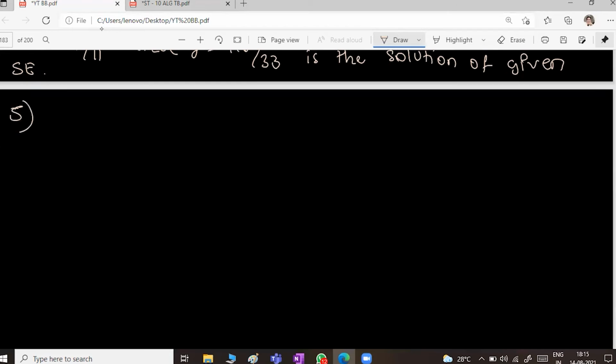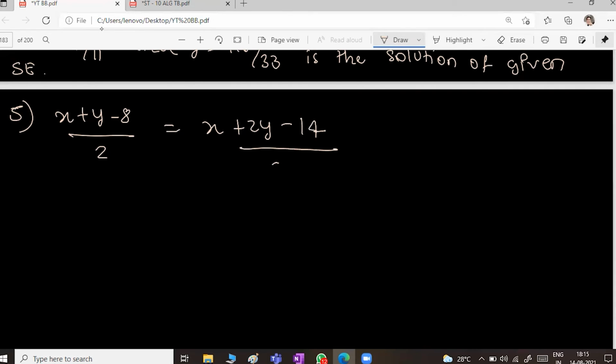Fifth question is nothing but x plus y minus 8 upon 2 is equal to x plus 2y minus 14 upon 3, which is equal to 3x minus y upon 4.